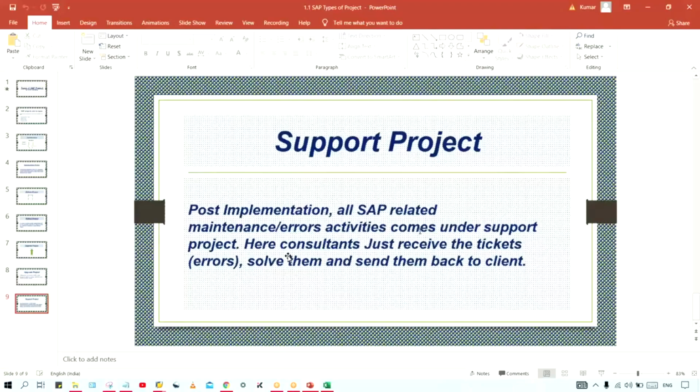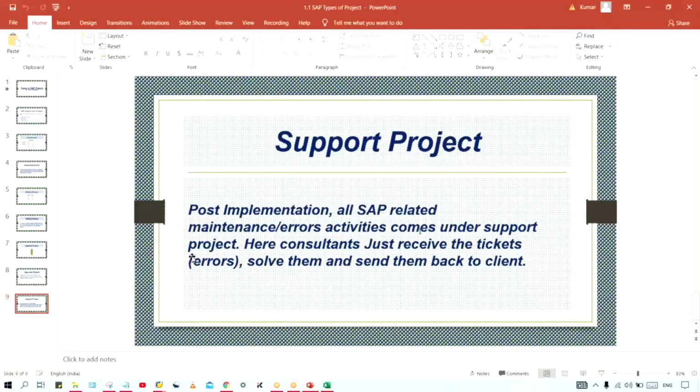But still, whether it is in-house team or whether they're going to take support from other organizations, but still they need consultant, right? Okay, so these are the activity, maintenance and error activities comes under support project. I think more clarity you guys will be getting once the practical session is going to be started.